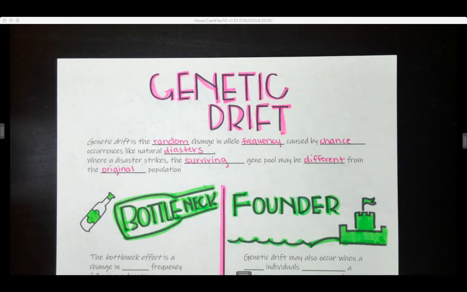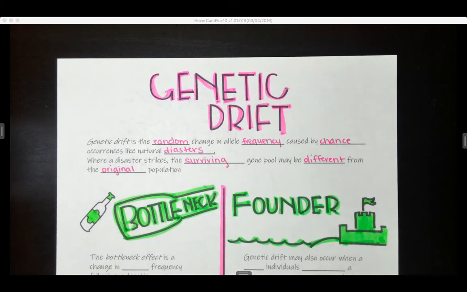And when the volcano erupted, all of the individuals that were near the volcano obviously died, but they all happened to be the same color, which is now going to change the overall gene pool of that population because there are going to be less of that specific colored individual.